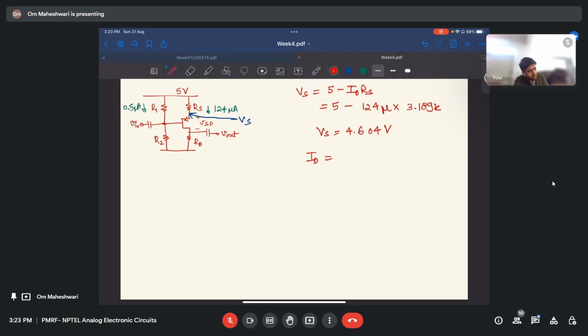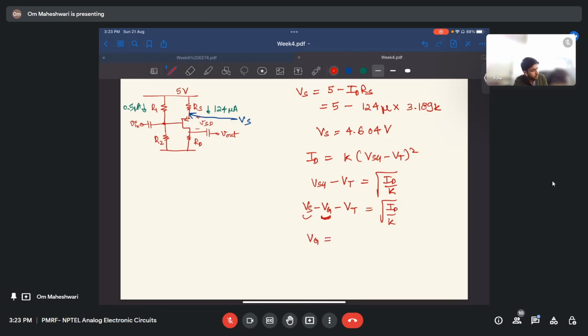Now this ID is K times (VSG minus VT) whole square. So VSG minus VT equals square root of ID by K, or Vs minus Vg minus Vt equals square root of ID by K. So we know Vs, we just want to find Vg.